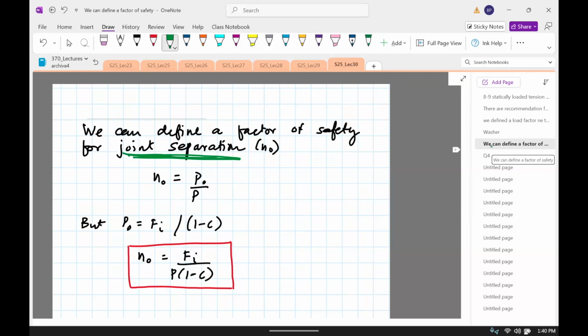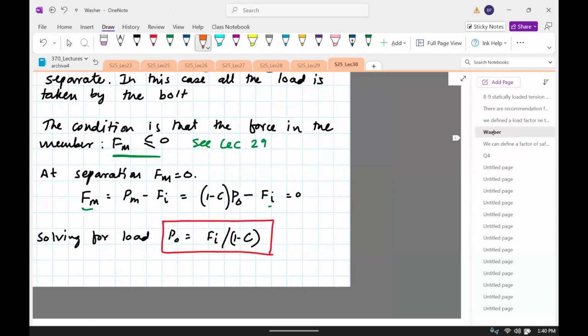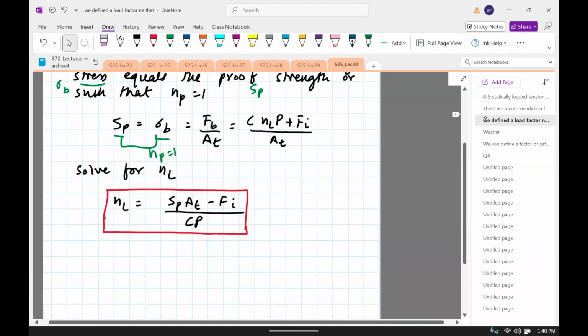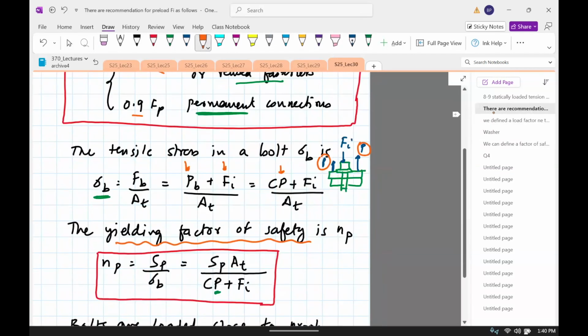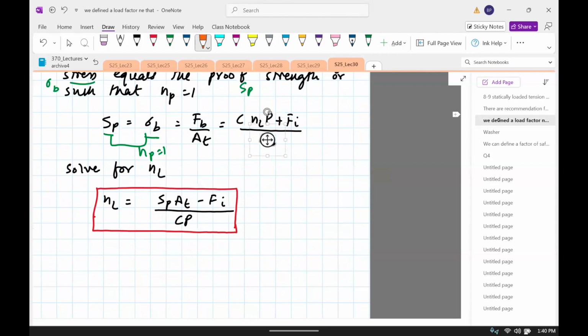So there are two factors of safety. One is this, well, the first one was defined here. This is guarding against yielding. There was another one, load factor. This one is actually not a factor of safety, but maybe we'll include it too. Load factor is not a factor of safety.